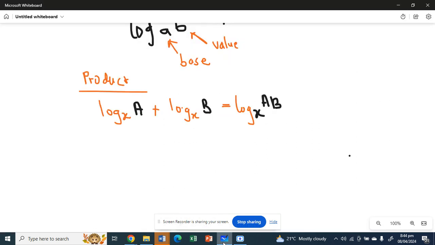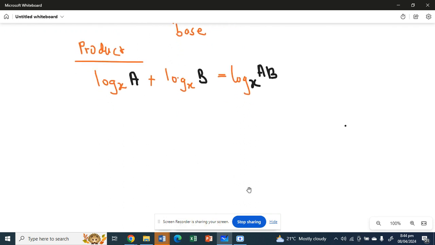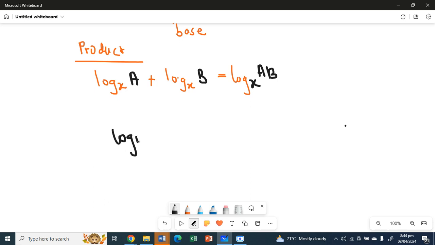So let me bring the question here. Right, so we can see two variables attached to each other, so we apply the product rule.